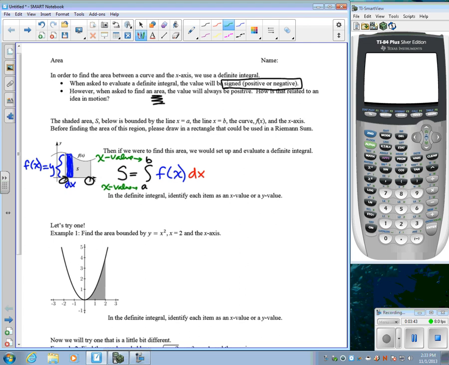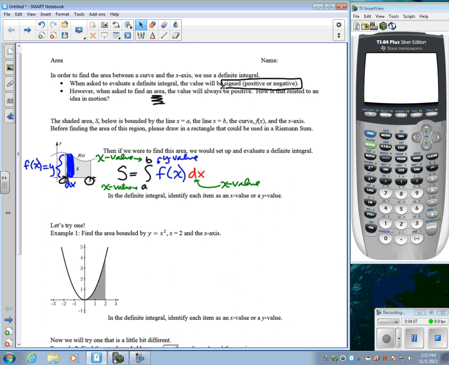Now we're on f of x, and f of x is a y value. And then my change in x, or my dx, is actually an x value as well. Although it is a change in the x values, we're going to call it an x value.